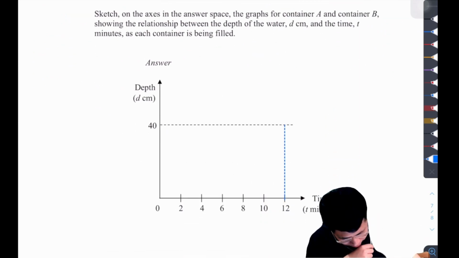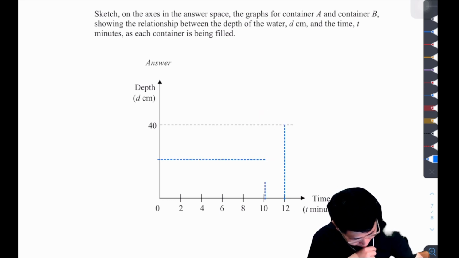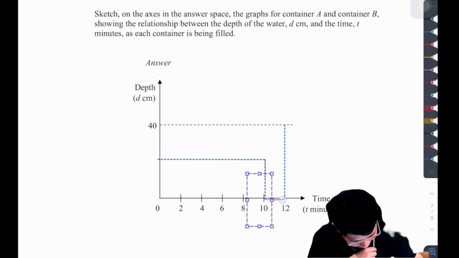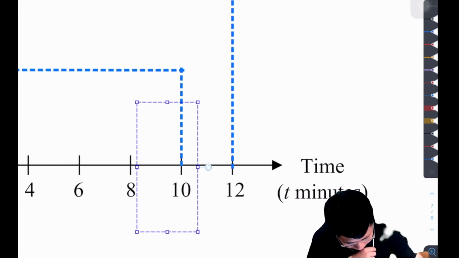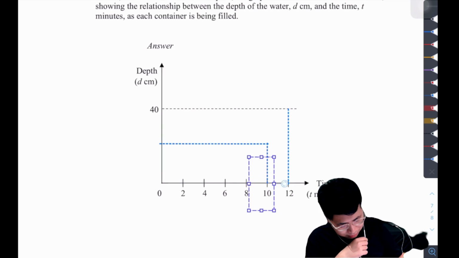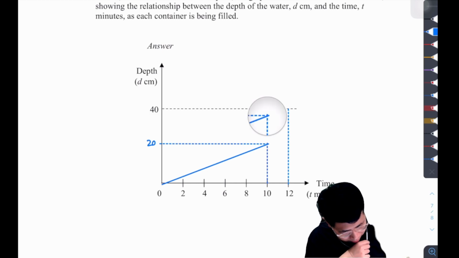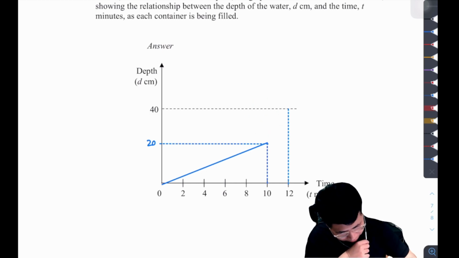Over here let me draw somewhere halfway, and let me pinpoint the 10 minute mark, somewhere like this. So this is going to be 20 cm high, and because it is a rectangle, it's going to have a constant rate over here.